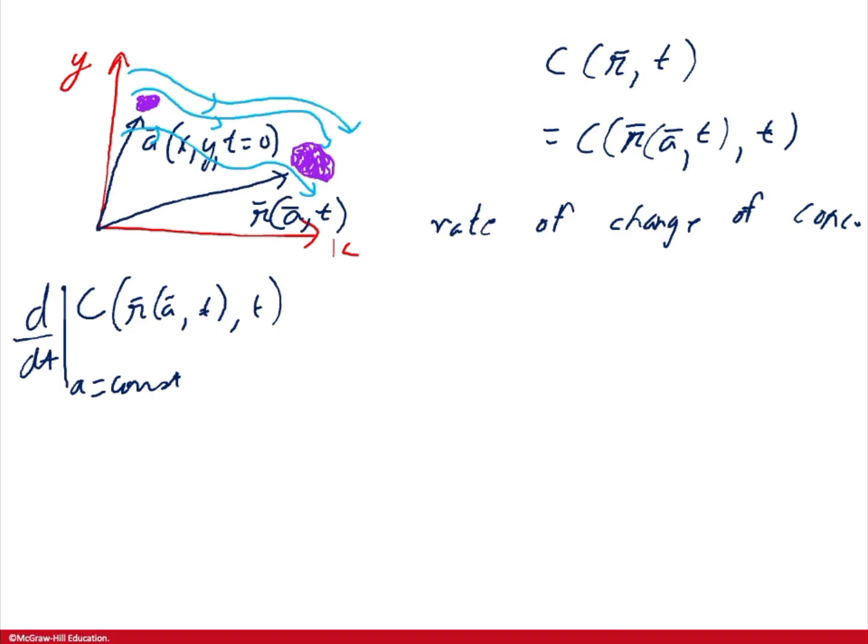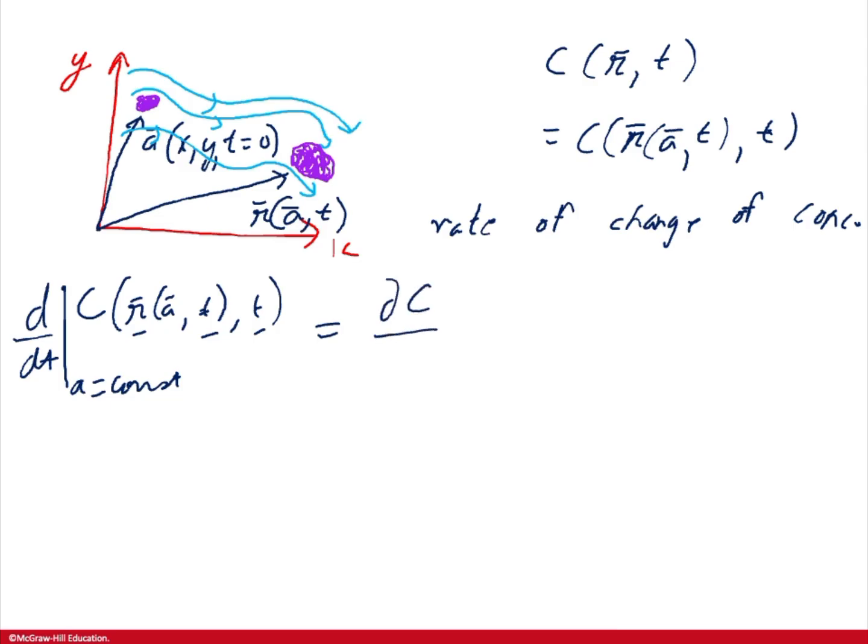Essentially, in order to find this derivative, if you remember from calculus, we use the chain rule, right? Because the concentration is a function of time, but this location is also a function of time. So if you use the chain rule, you get something like this, right?